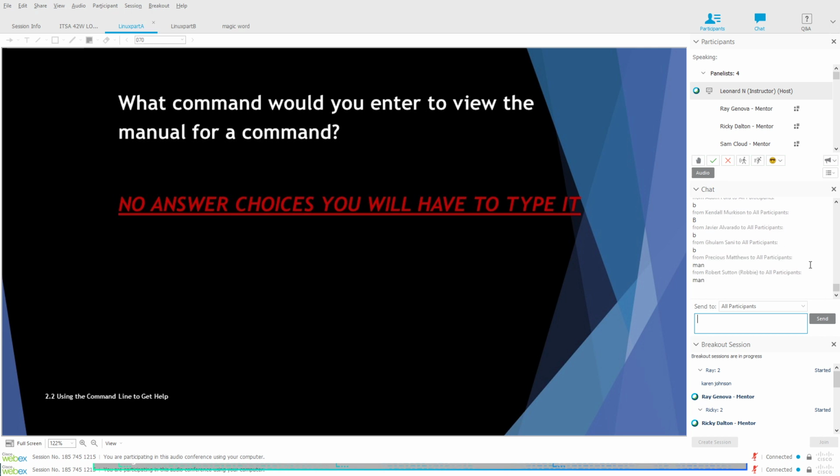What command would you enter to view a manual for a command? Do you remember when I said that on the exam, when you get to the fill in the blanks, you'll know what they are? They're like this.